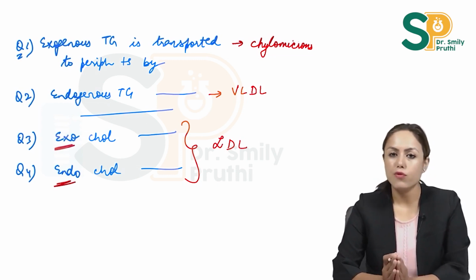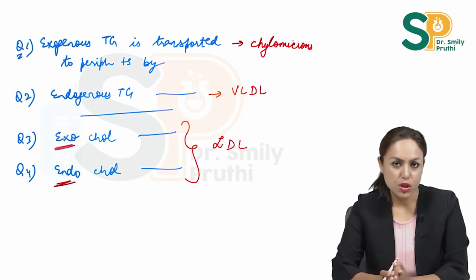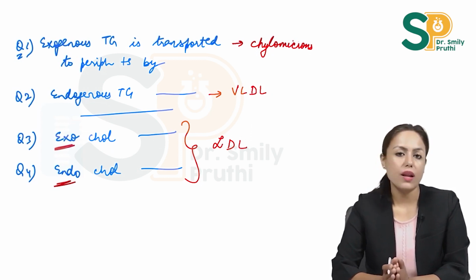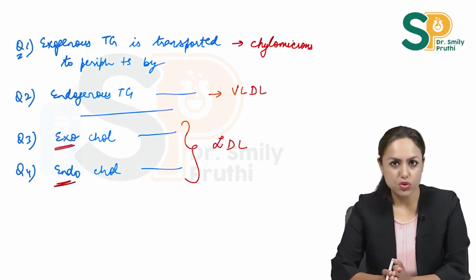So, LDL has a very important function in body of transporting cholesterol to the peripheral tissues because many tissues require cholesterol. Cholesterol is required for vitamin D synthesis, steroid hormone synthesis, etc. Right? So, LDL has very important function. That's why earlier we were using these terms like LDL is bad and HDL is good cholesterol.